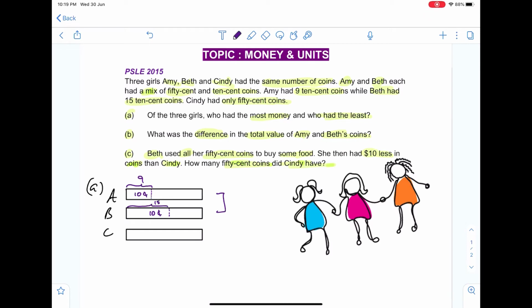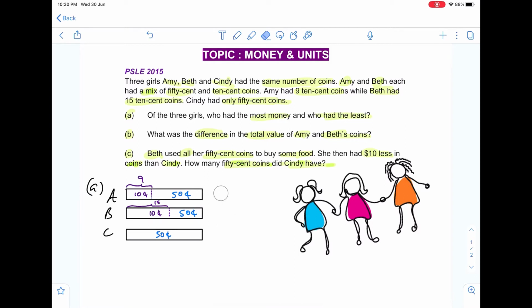Now, of course, the other side for each of their models will be the 50-cent coins. Here and here. As for Cindy, she only had 50-cent coins. That's all she had.